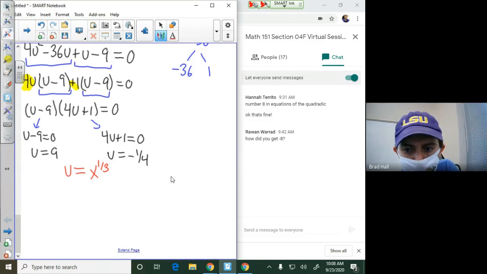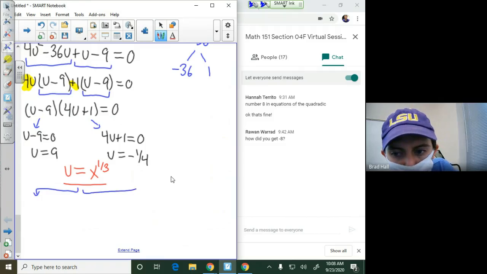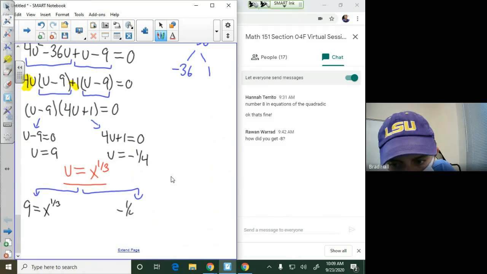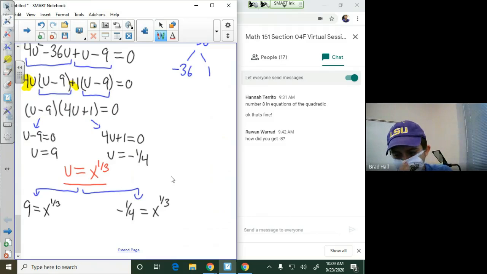So we bring our u substitution rule back, and we break it up based off of how many u values we found. Which we found 2. One of the u's we found was 9. The other one we found was negative 1 over 4. And finally, we just need to figure out how to get x by itself, rather, by getting rid of the 1 over 3 exponent.